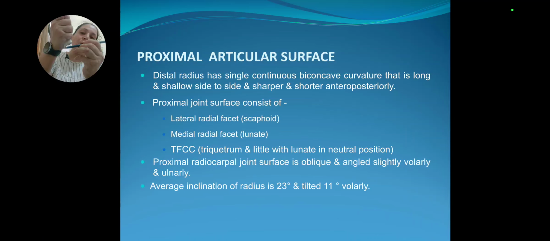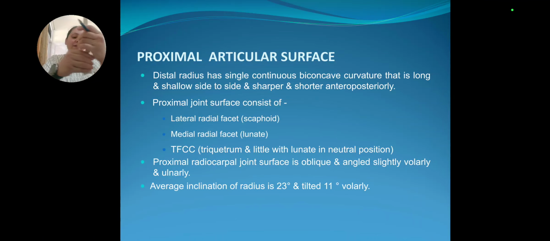It is inclined towards, if you can see, this is scooping out. This is scooped out 11 degrees, and this notch is facing towards the ulnar side at 23 degrees. That is the inclination of the radius towards the ulna. Now this is the shape. It is inclined towards ulnar 23 degrees, and it is scooped. Scooped as if you scoop ice cream from the bar. So on the volar side, it is scooped for 11 degrees.